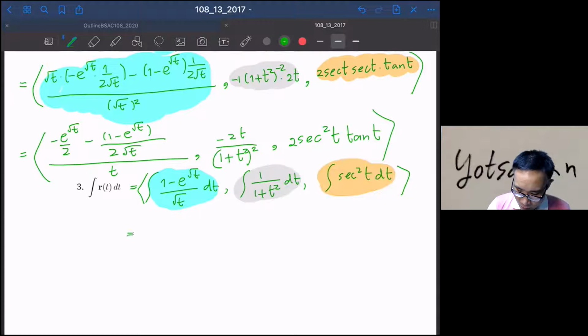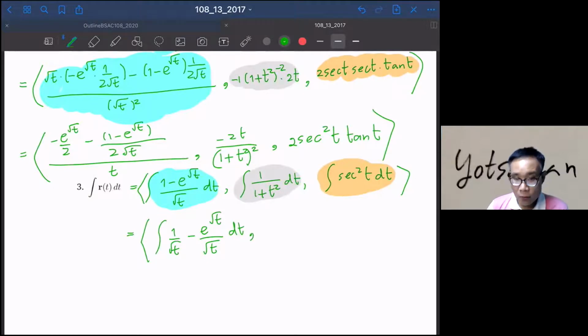You have the integral of 1 over root t minus e to the root t over root t dt, and the integral of 1 over 1 plus t squared, which is just arctan t, and integrating sec squared gives tan t.